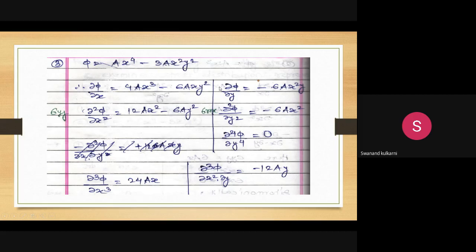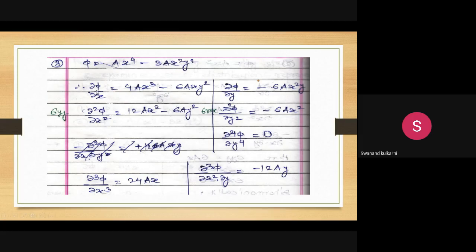Here you can see that after the first differentiation of phi, we got dou phi by dou x is equal to 4ax cube minus 6axy square. So that is the first differentiation of phi with respect to x.